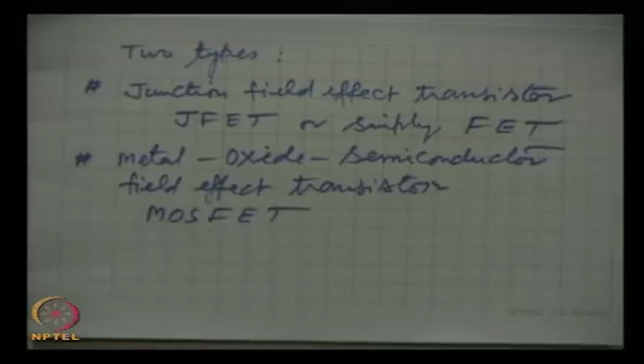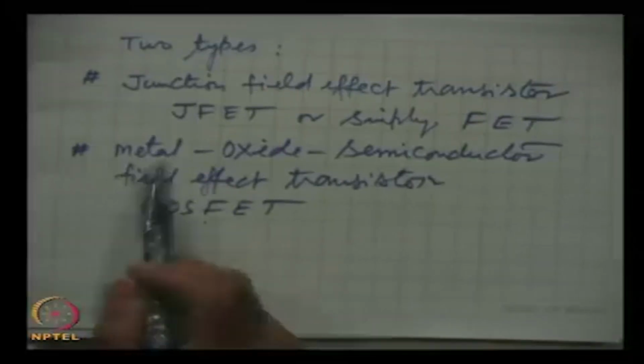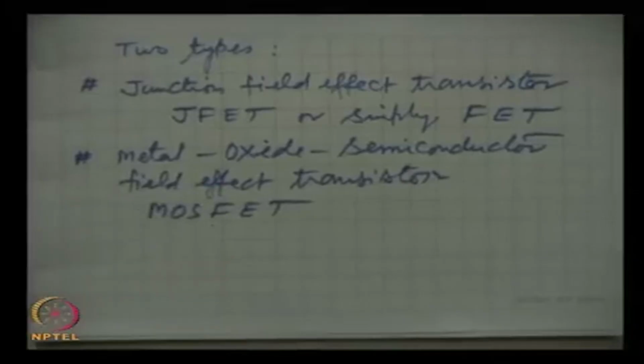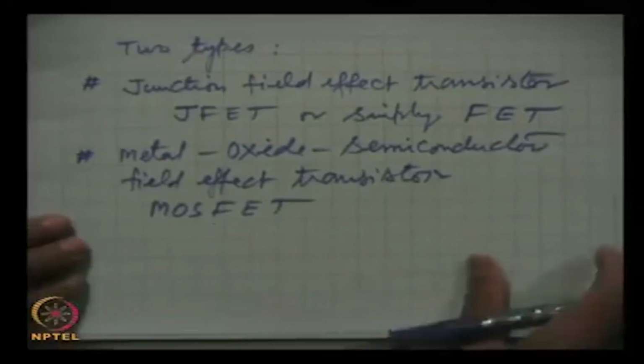These two types are very widely used, and in integrated circuits mostly, as we will see, these will be the MOSFETs. First, we will study the junction field effect transistor.